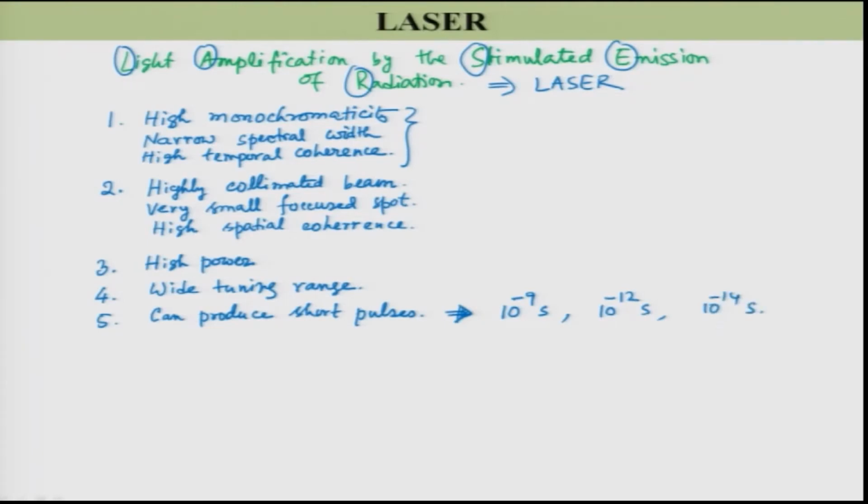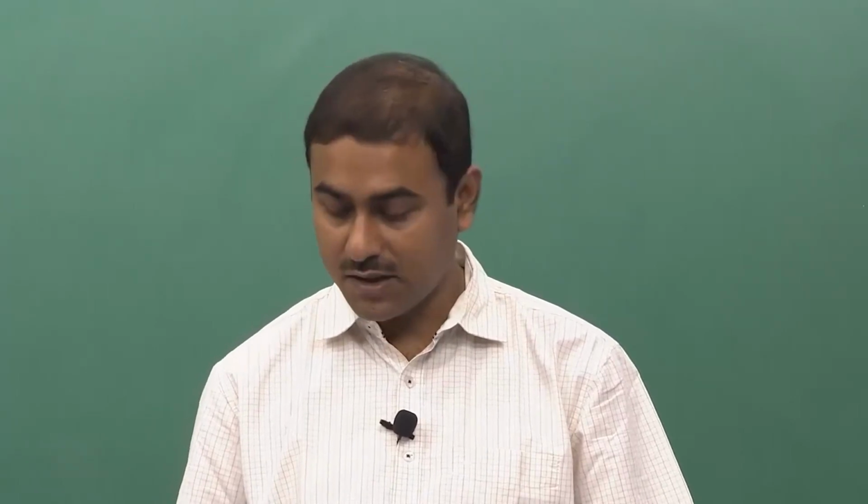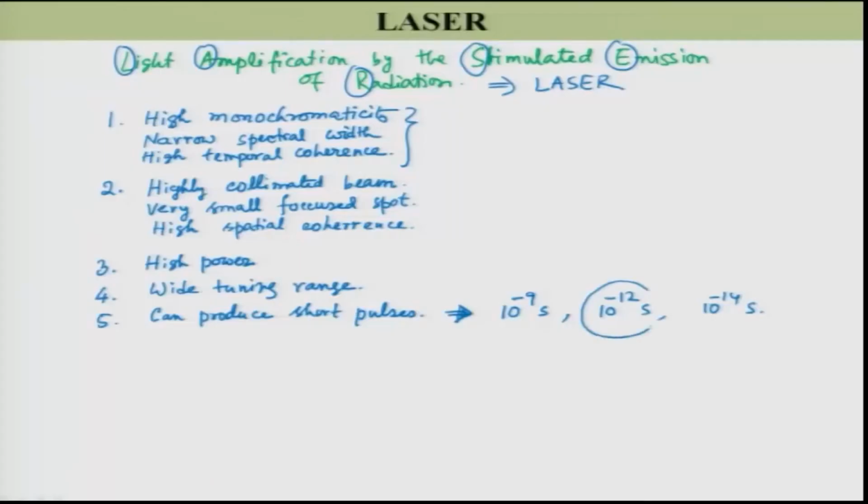So, as you can see, when you are going to measure fluorescence lifetime, where the lifetime is about a nanosecond, what kind of laser do you need? You need a laser which can produce at least picosecond light pulses, right. If not picosecond, let us say 50 into 10 to the power minus 12 second.